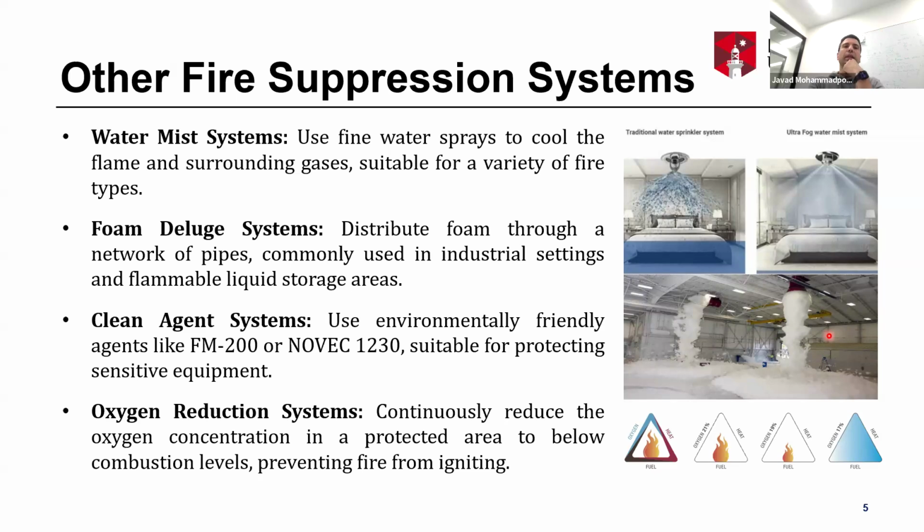You can see that it's more efficient because it can cover larger areas, and you can even control the size and the angle of the water spray. It uses a fine water spray to cool the flame and surrounding gases, suitable for a variety of fire types. And the next one is the foam deluge system.